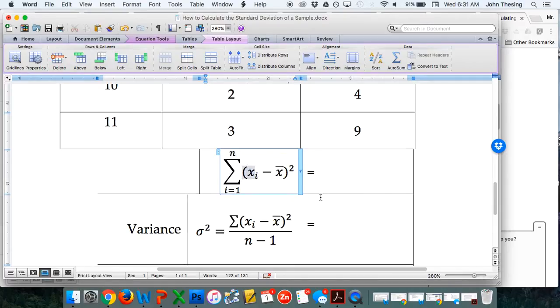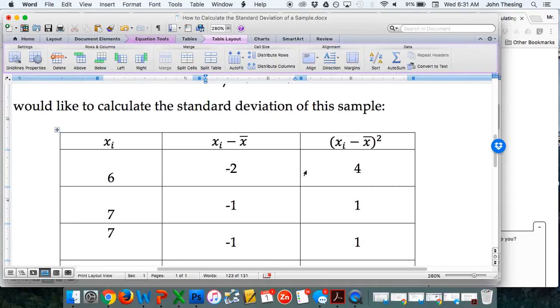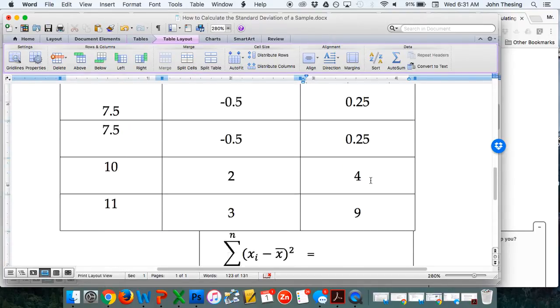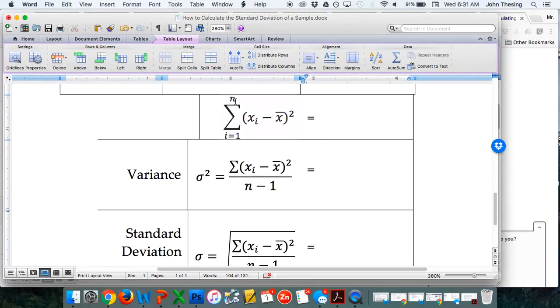What we've done is we did x sub 1 minus the mean squared. That was this number right here. Then we did x sub 2 minus the sample mean, and we squared it. So this notation is just a very quick and easy way of saying, take all of the data points, subtract the sample mean, square it, and then add those things up.